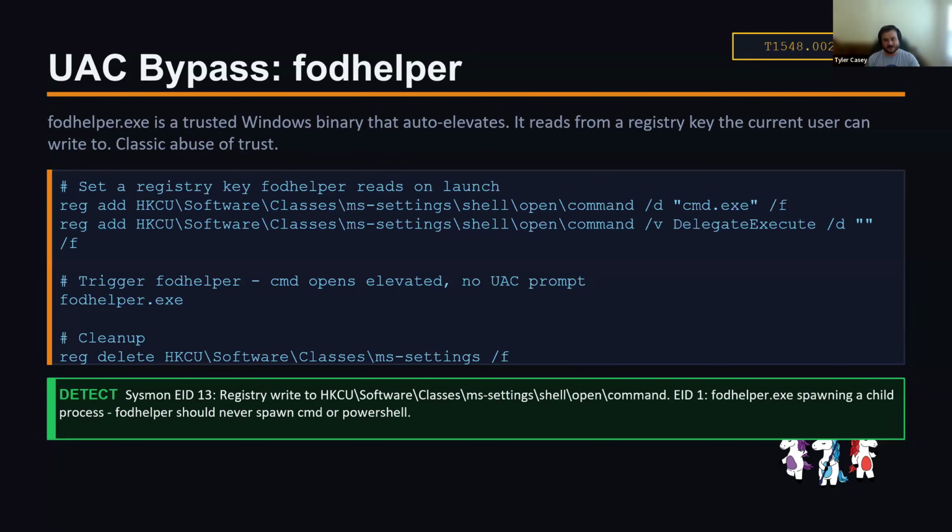To use it, it really is very simple. You just need to set two registry keys, and then run fodhelper. In this example, we have cmd.exe, and then we're setting the DelegateExecute to force, so that it captures whatever is above it.